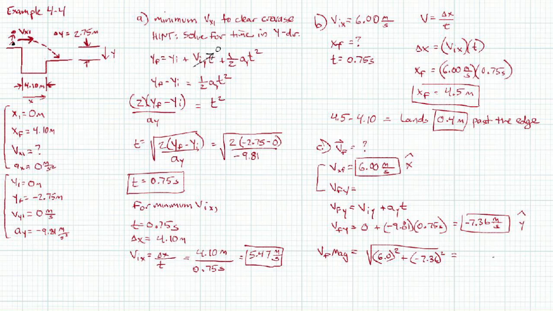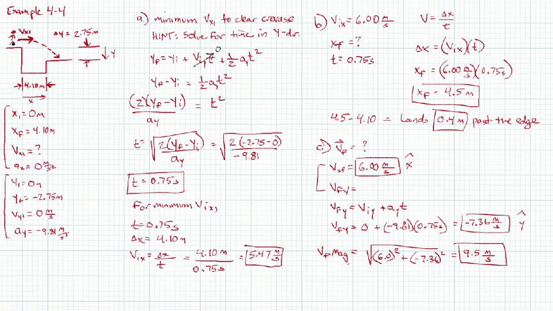Punch it into your calculator. That gives you 9.5 meters per second. That's the magnitude of his velocity when landing.